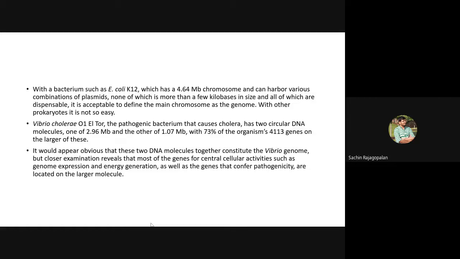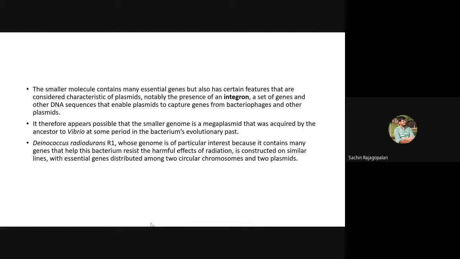Because it's obvious that 73% of the genes are present in the larger molecule. So most of the important proteins are coded for by the larger DNA molecule over here. Okay, the smaller molecule still contains essential genes, as I said.